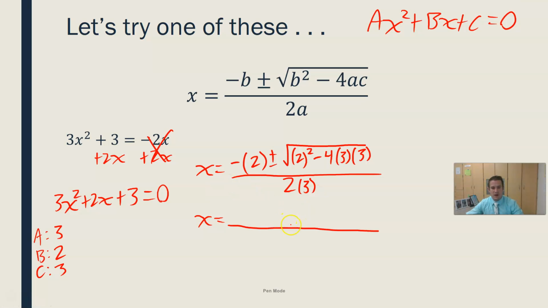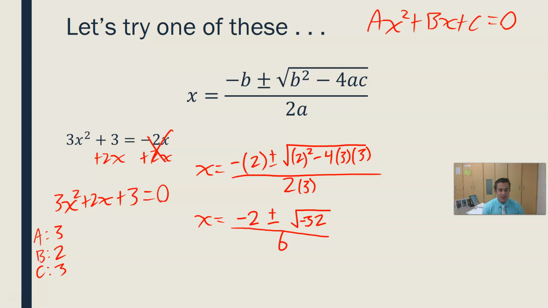So right here underneath the square root, I'm going to have negative 32, and then negative 2, plus or minus the square root of negative 32, all over 2 times 3, which is 6. Okay. Well, at this point, if this was a positive number underneath the square root, that would mean I would have 2 real solutions, and I would just type that into my calculator.